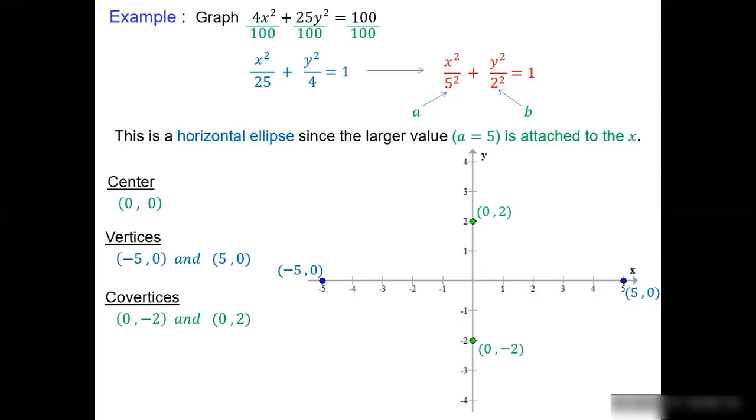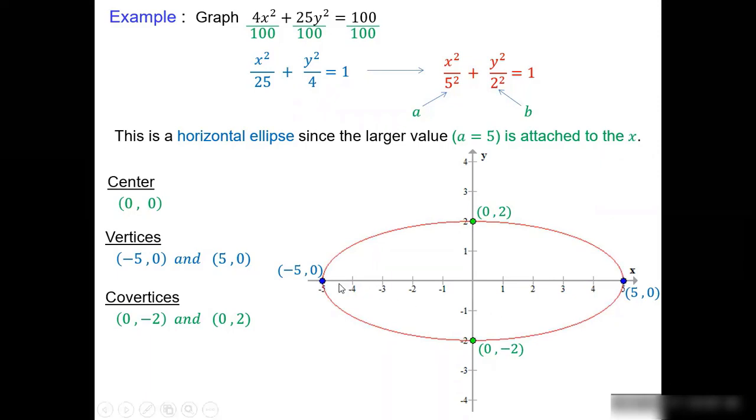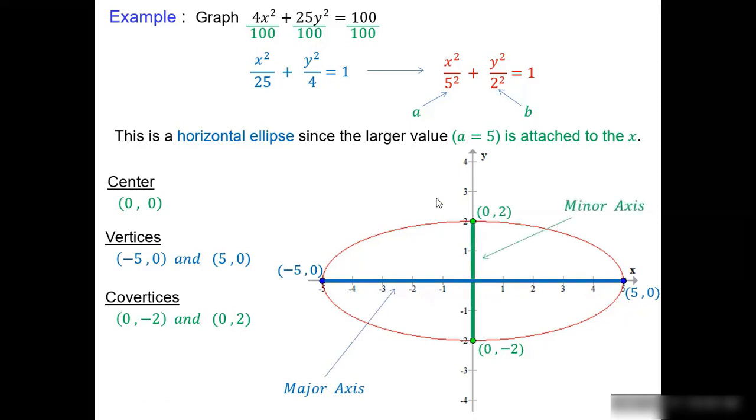So when we draw our graph, we can see that horizontally, this axis is larger than this axis right here. This longer axis is referred to as the major axis, while the smaller axis is referred to as our minor axis. More importantly, we can label these points as vertices or co-vertices.